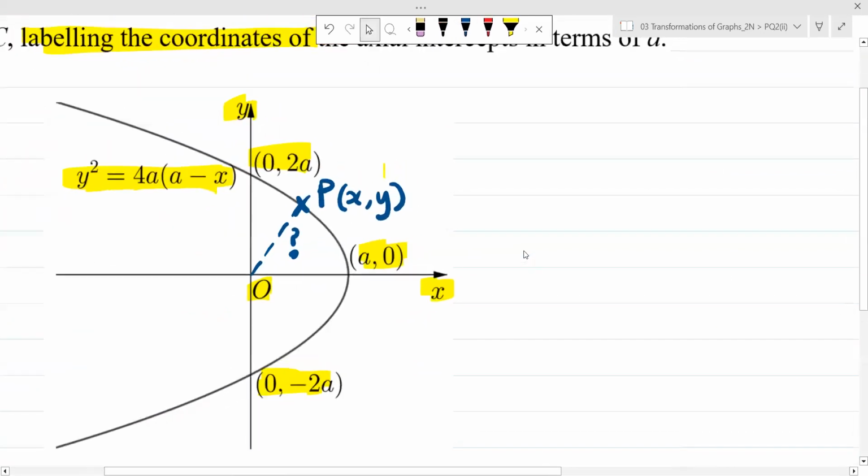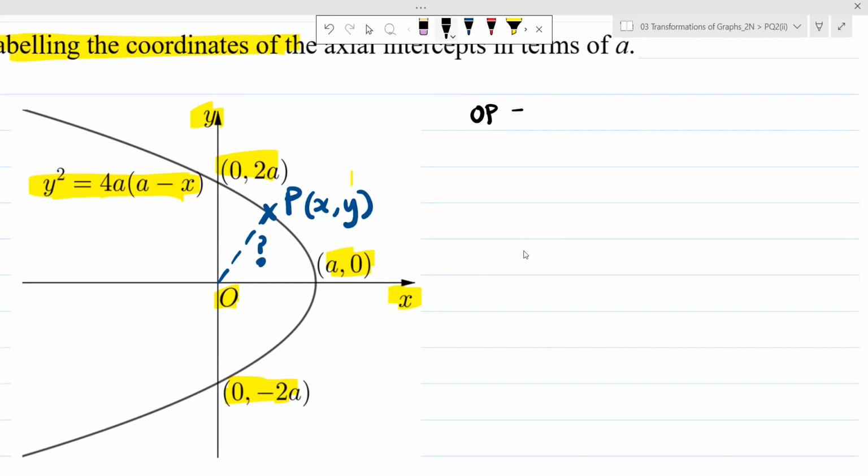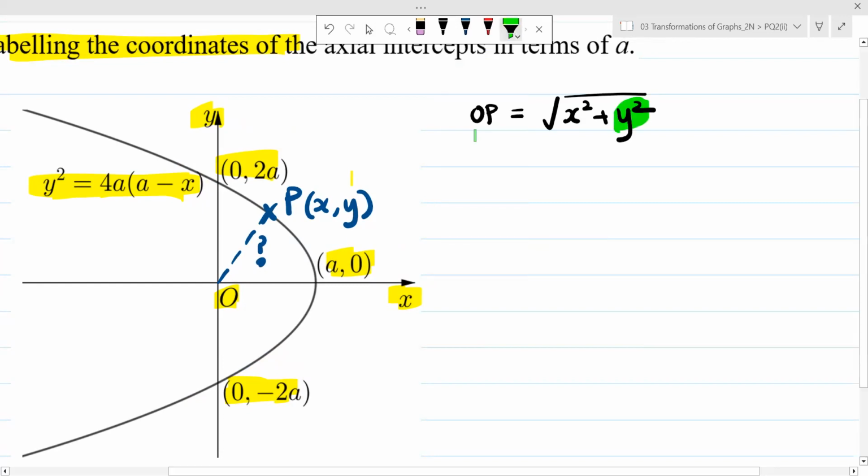Okay, so now let's work it out. Okay, so using the distance formula. Don't need so many lines. Okay, but if you look closely at this expression, you realize, y square seems to have appeared somewhere already. Right, it had already appeared in the equation of the graph.